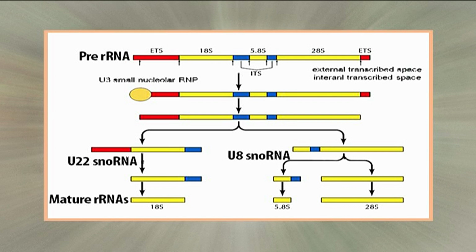Importantly, these regions of complementarity include the sites of base modification in the rRNA. By base pairing with specific regions of the pre-rRNA, the snoRNAs act as guide RNAs that target the enzymes responsible for ribose methylation or pseudouridylation to the correct site on the pre-rRNA molecule.